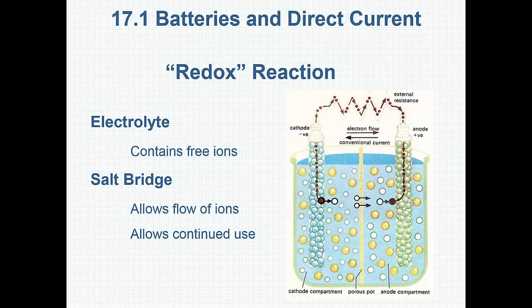The other two components of a battery are the electrolyte and the salt bridge. The electrolyte is a combination of different free ions, which are charged atoms or molecules which are contained within the container of the battery.